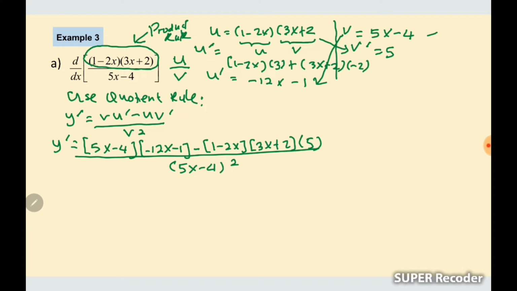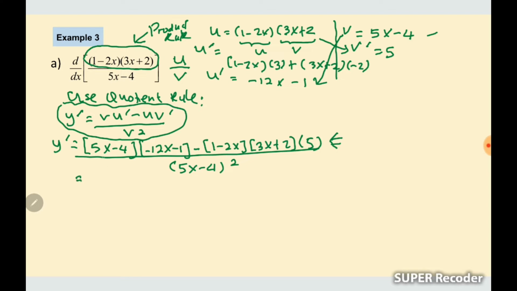Now we have already substituted into the formula. Please make sure you use the right formula here, the quotient rule. So now you have to expand.